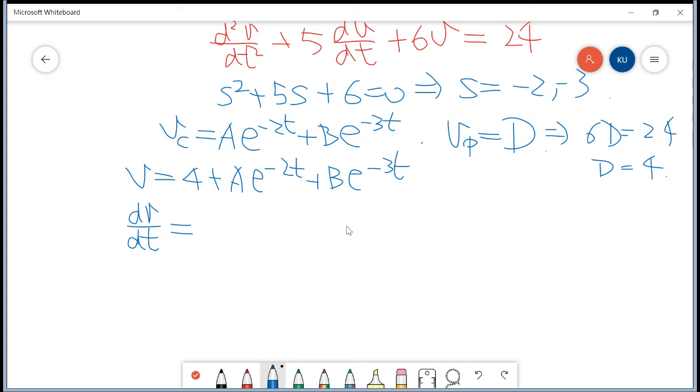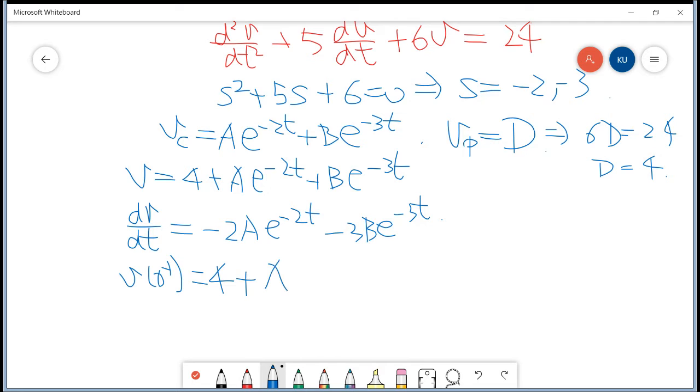And this one, -2a exponential to -2t. And then here, -3b exponential to -3t. So V0 plus will be, substitute 0 here, which is 4 plus A plus B, which is 12.